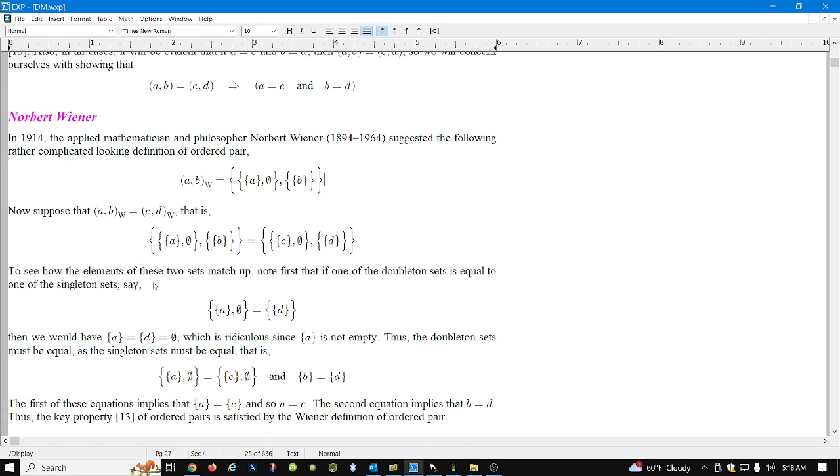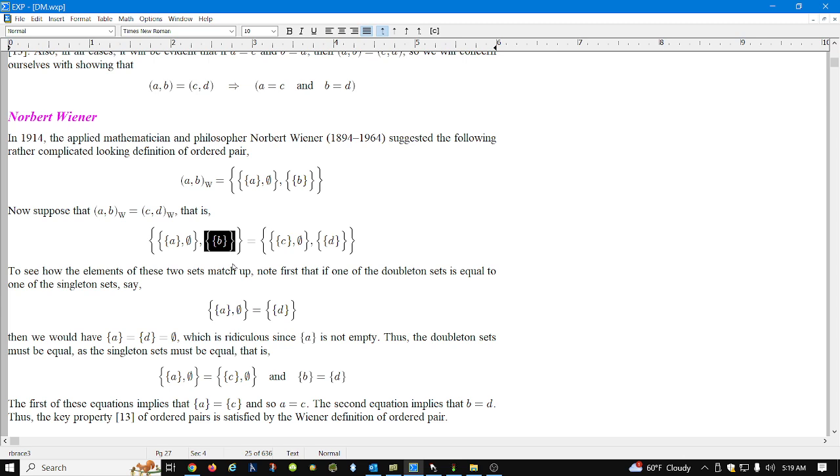Well, the first thing to notice is that these sets have a doubleton subset. One of its elements is a doubleton subset. The other element is a singleton subset. And not to be confused here, this is a singleton subset. How do you tell? Well, you look inside the outer brackets and you look for commas. One comma would mean two elements.